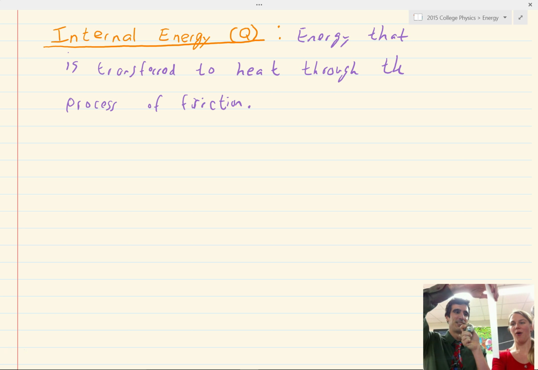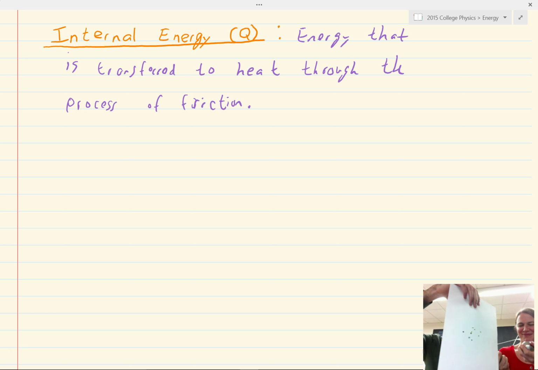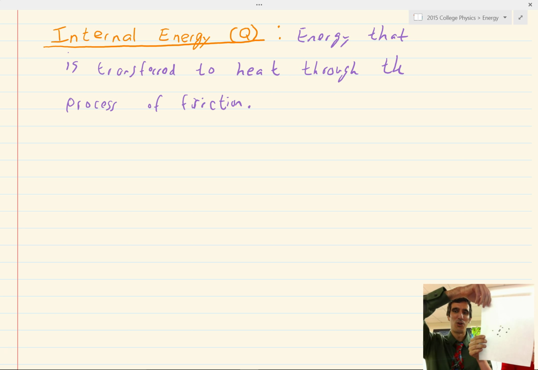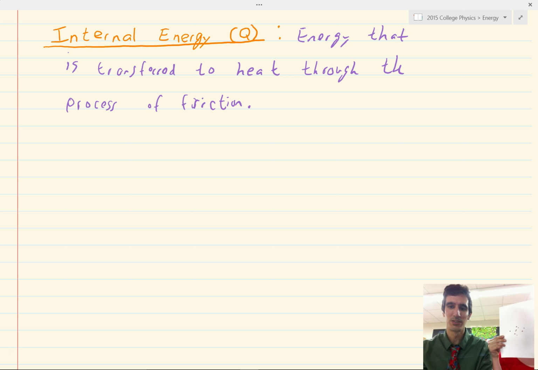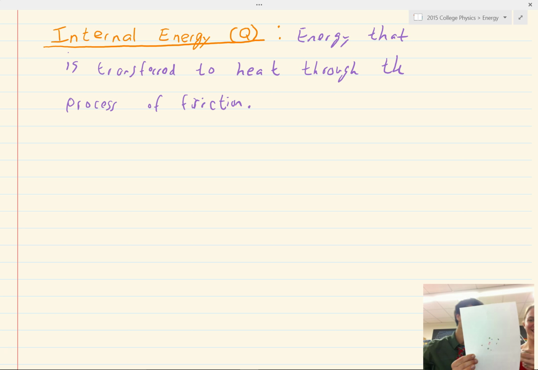Yeah, do a lot. Whew. They smell hot. And notice all these holes in this paper that the balls generated the heat. These are some hot balls. All right, and that's internal energy for you.